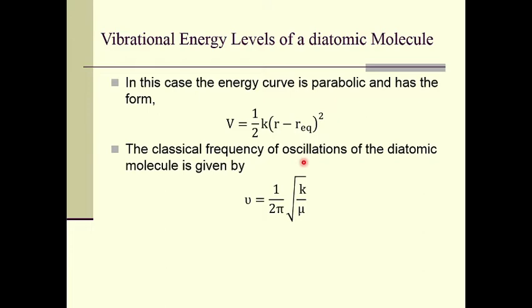So till now we have seen the classical picture, what classical physics tells us about the simple harmonic oscillator. But when we consider a diatomic molecule, we are considering very small distances of the order of few angstrom, right? We know that the bond length of the diatomic molecule is of the order of 2 to 3 angstrom, and 1 angstrom is 10 raised to minus 10 meter, right?